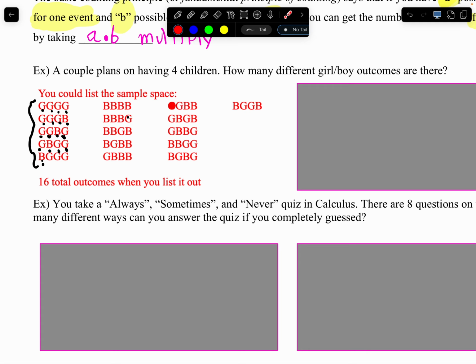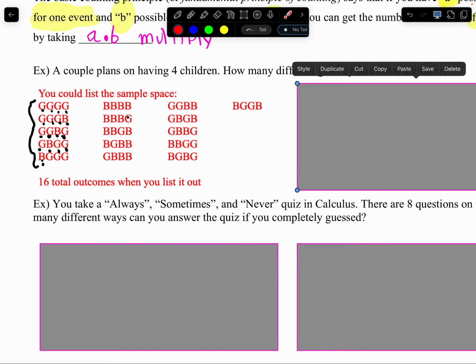So then you have 2 girls, 2 boys, then 2 girls on the outside, the 2 boys on the inside. Then you have boy, boy, girl, girl, because you did girl, girl, boy, boy. You would count them up, and you'd get 16 total outcomes for the way that a couple could have 4 babies, right?